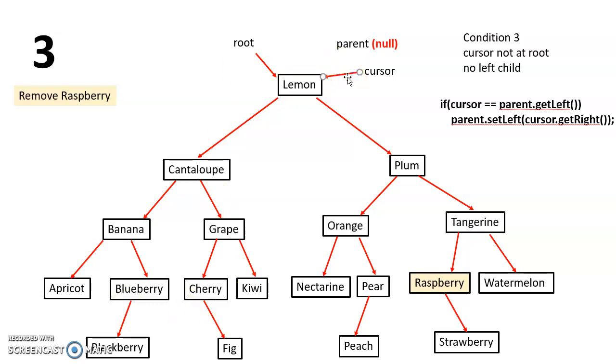What will happen is we will have to move our parent. This will become parent. Since we're looking for raspberry, cursor will move to the right. Plum isn't raspberry, so the parent moves to where this is, and then the cursor moves to the right.